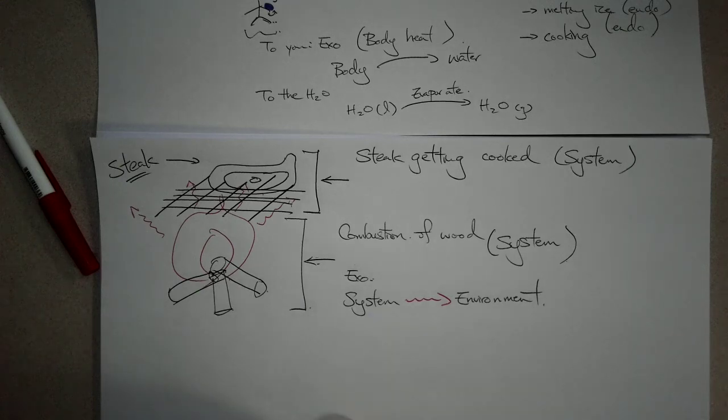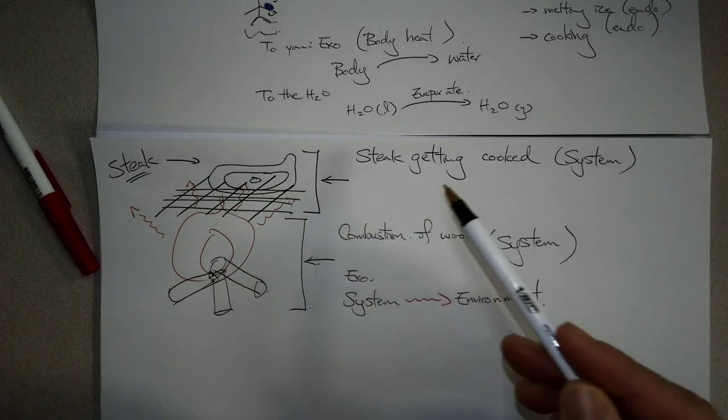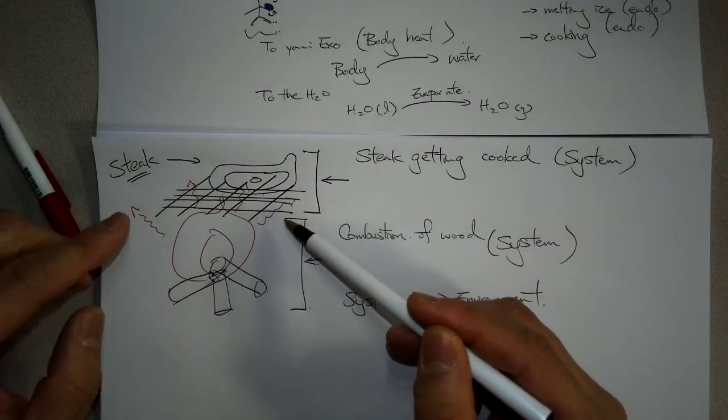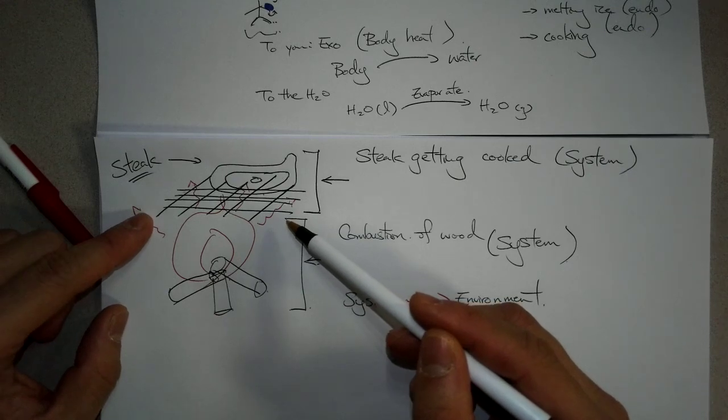Endothermic. Where is the heat going or coming from? And where is it going? From the fire to the steak? Is it the system or the environment?